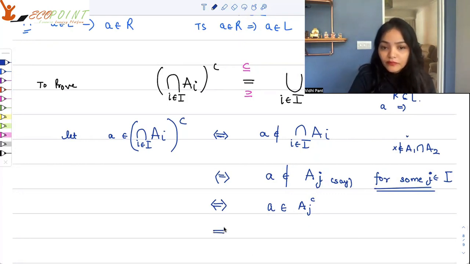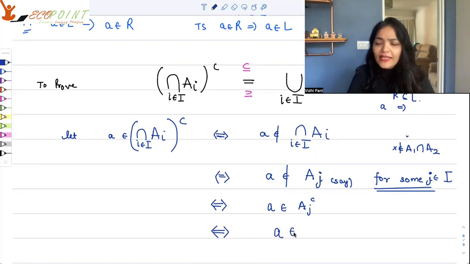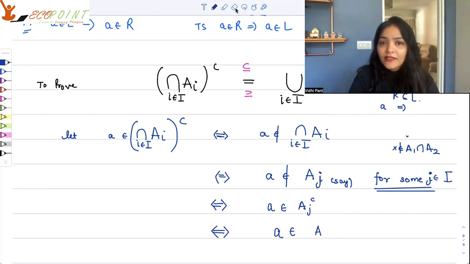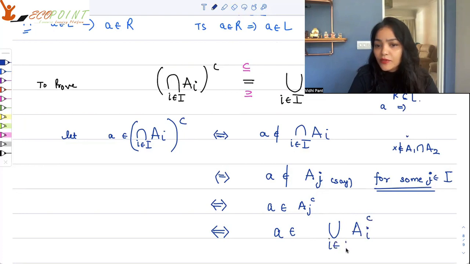So that means if a is in, at the least, one set, A_j complement, it will be in the union of all the complements, and that could be written as the union of A_i complements, i belongs to capital I. If it's in one, it's in the union. And that's what we wanted to prove.